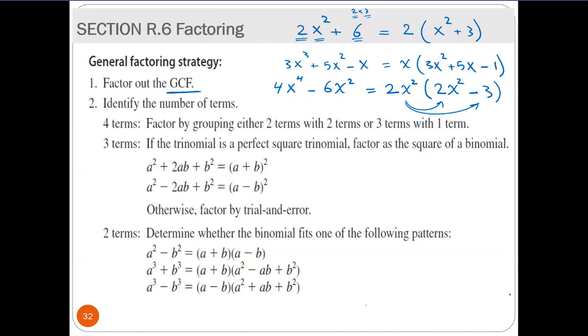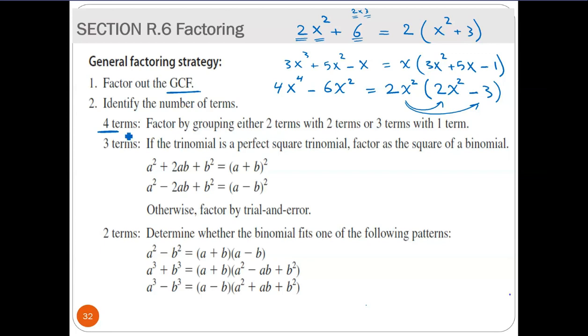The second step: if you have 4 terms, we can put each 2 terms together and find the common factor for each pair. Or sometimes, in special cases, we take 3 terms with 1 term.